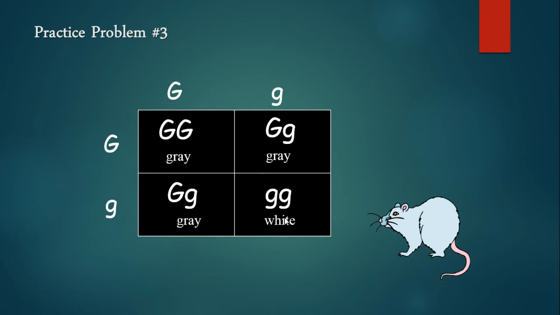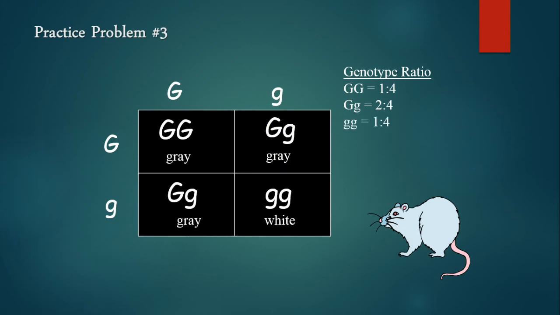So now let's look at our phenotype and genotype ratios. The genotype ratio looks at, we have three different genotypes here. Big G, big G. There's 1 out of the 4 boxes. So that gives us a ratio of 1 out of 4, or 25%. We also have big G, little g. 2 out of the 4 boxes are big G, little g.